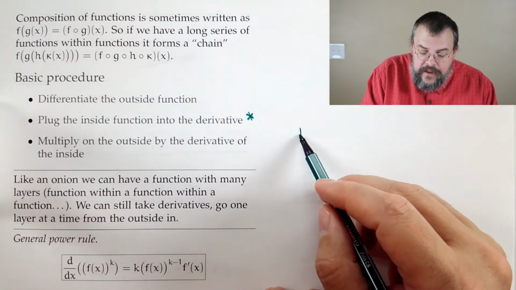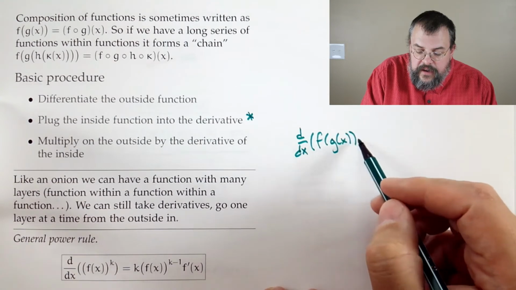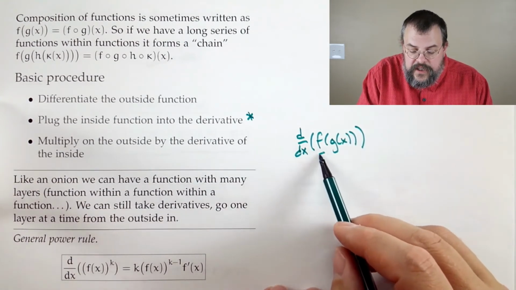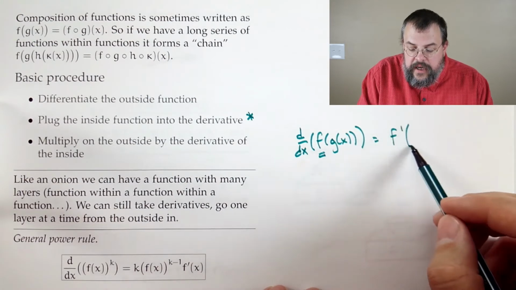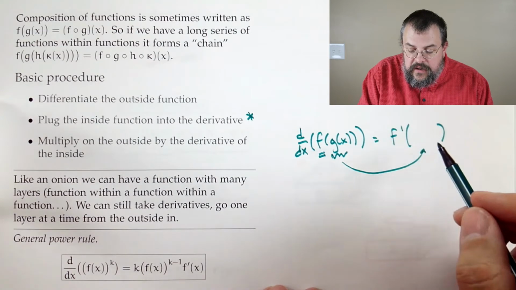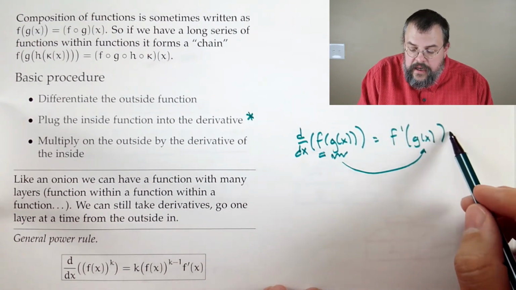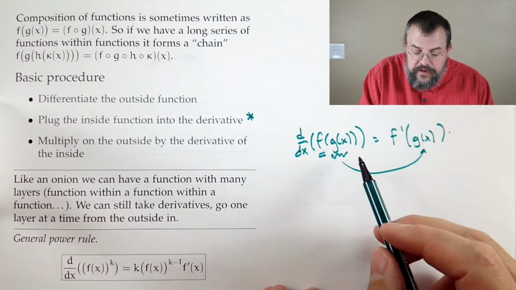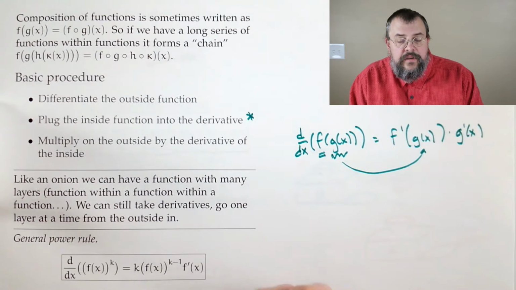If I have the derivative of f of g of x, the outside function is f, so take the derivative, then whatever was being plugged in still goes in. So that's g of x. Then multiply on the outside by the derivative of the inside. So the derivative of g of x is g prime of x.